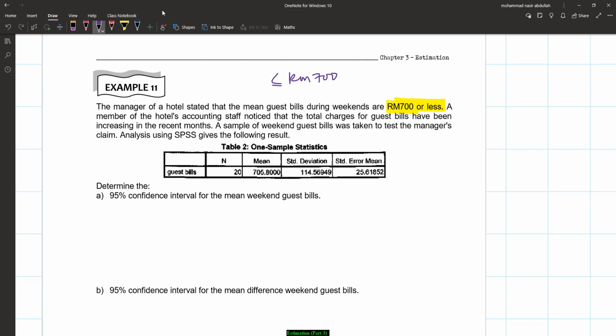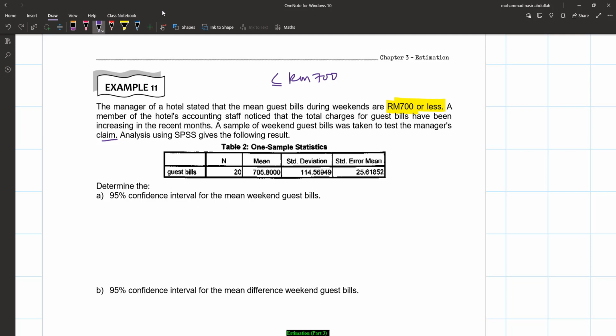So accounting staff noticed that total charge for gas has been increased recently. Right, a sample weekend gas was taken to test the manager claim. So dia nak buktikan kepada manager dia, you're wrong, right? Bukan less than 700, but maybe more or maybe less. We don't know. We need to calculate that.